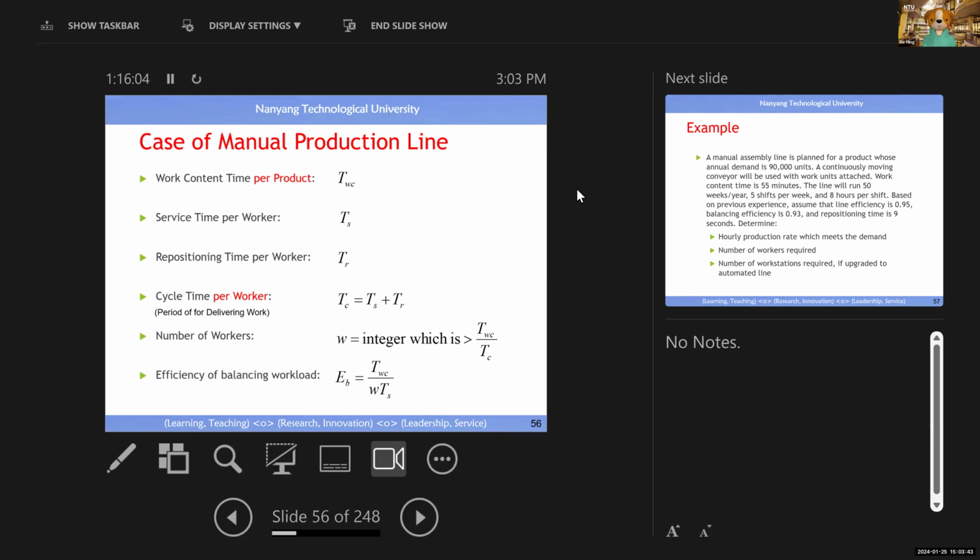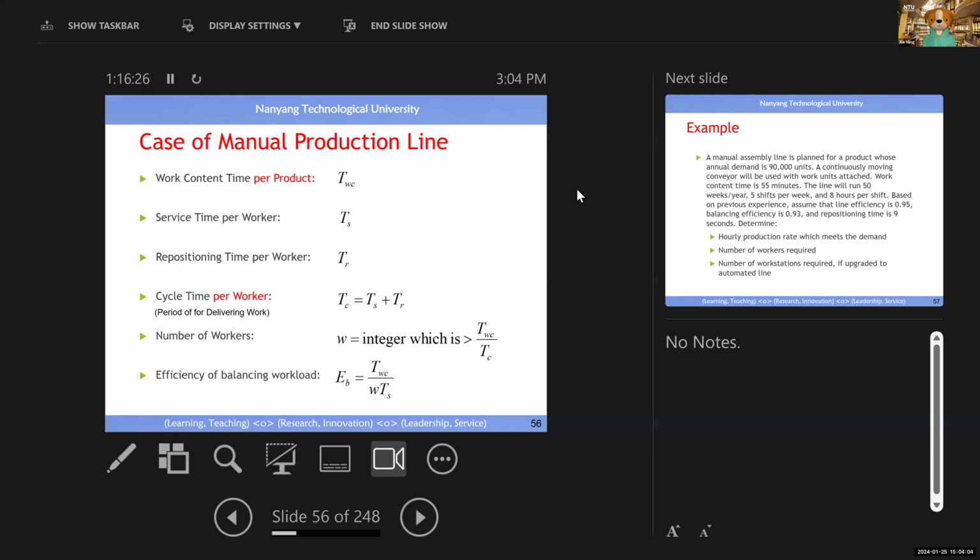Okay. So with this number of workers, because this is the integer part, then this one times this one, this is the actual service time, the total amount of service time, TS times W. The total amount of service time is normally greater than the time needed by the production of a product.